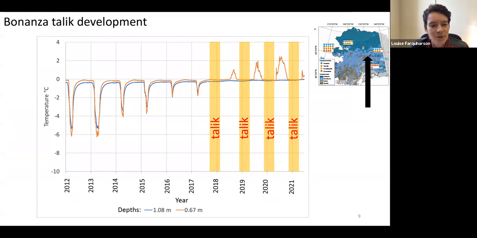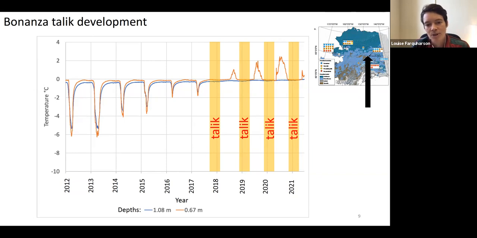In this graph here, we have year on the x-axis and temperature on the y-axis, and we have ground temperature data from depths of 1.08 meters, that's the blue line, and 0.67 meters, that's the orange line. You can see through time that we have gradual warming at both of these depths. At the start, in 2012, both sensors were below freezing.